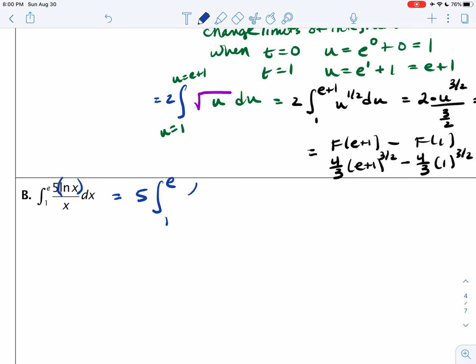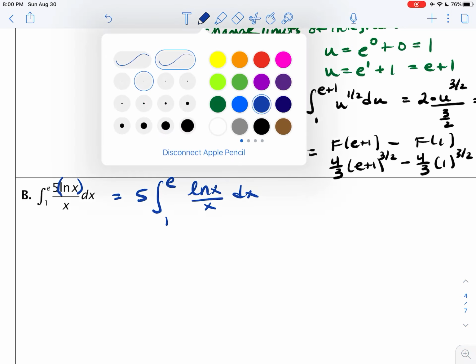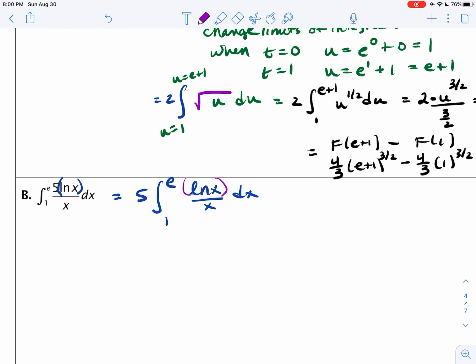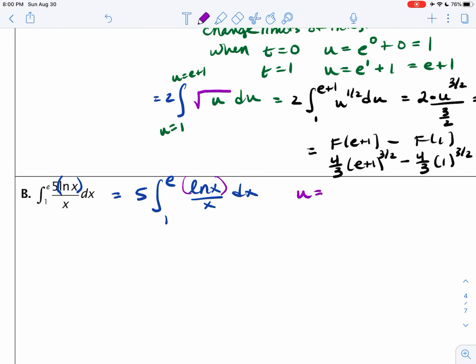And I have from 1 to e of the ln of x over x dx. And I'm going to use u equal to the ln of x. Then du is 1 over x dx. And I see that my 1 over x dx is there. So substitution is going to work.